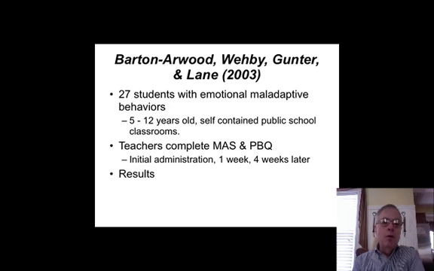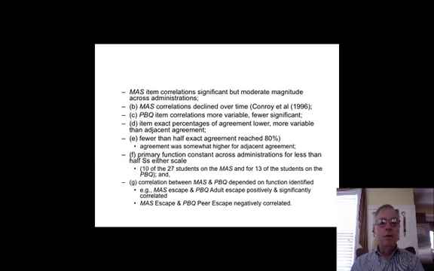Barton and Arwood in 2003 had 27 students with emotional maladaptive behaviors. This is the first time that anyone took these scales and applied them to people who are not self-injurious and not developmentally disabled, but kids with emotional disabilities. They completed the MAS and the PBQ, initial administration, 1 week and then 4 weeks later, and they reported fairly good results.